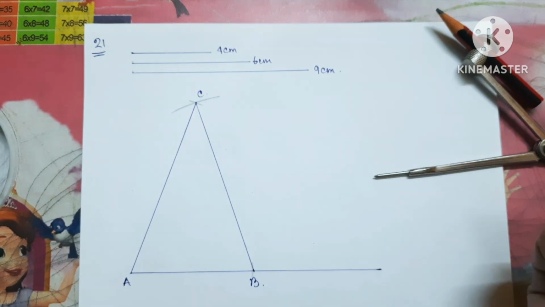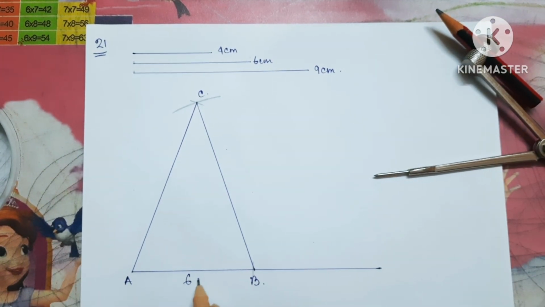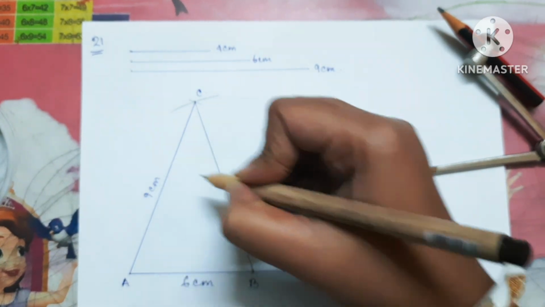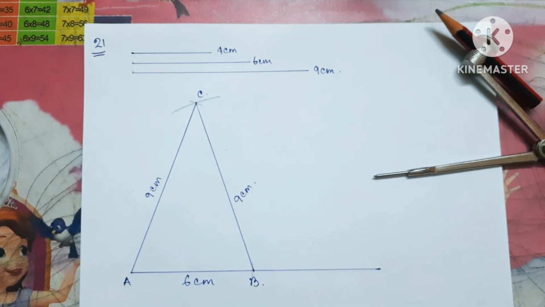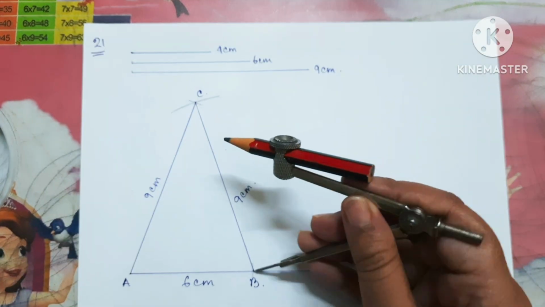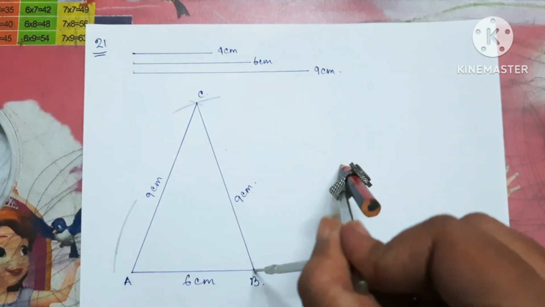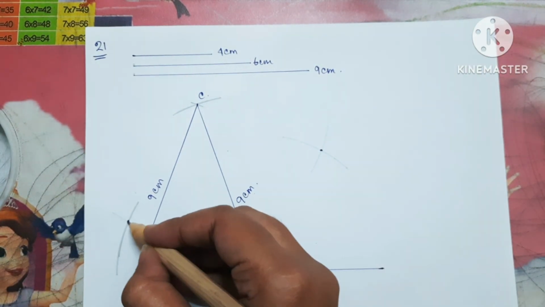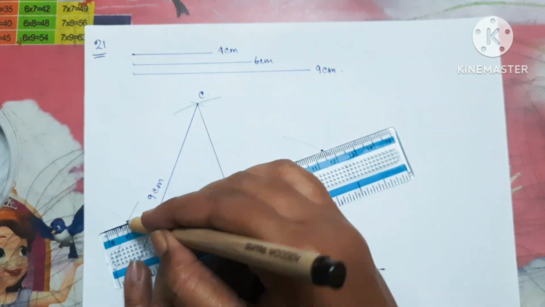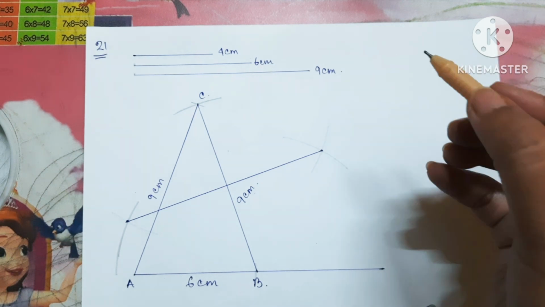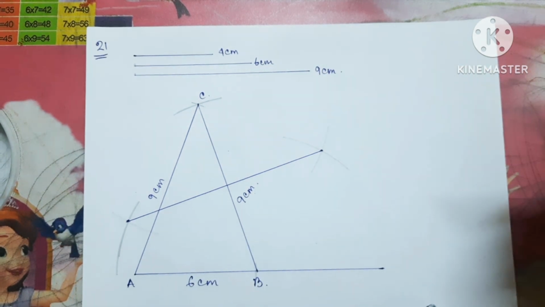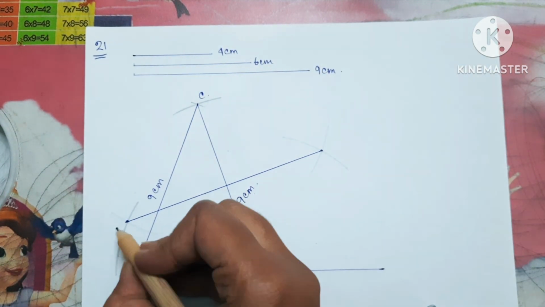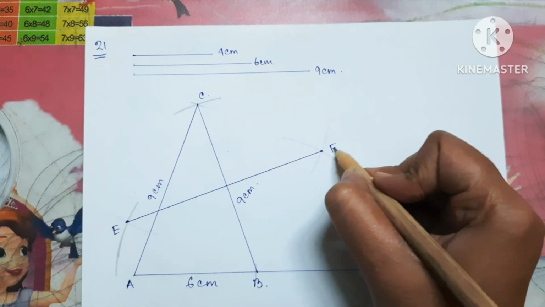So ABC is the required triangle where AB is 6 centimeter, this is 9 centimeter and this is 9 centimeter. Now draw a perpendicular bisector of BC.